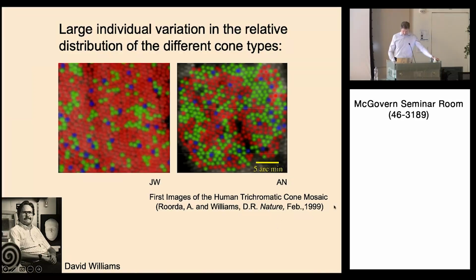So this was introduced back in 1999 by David Williams at Rochester. And these are two different images of the cone mosaic from two different individuals. And the point is just that they look kind of different, right? Like the distribution of the receptors is not identical. And this probably indicates that there would be individual differences in the nature of color vision. But exactly what those would be is I think not yet clear.